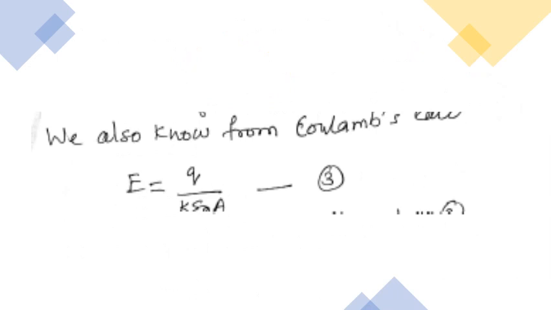We also know from Coulomb's law that E is equal to Q over K epsilon 0 A, because the field becomes 1 upon K. One relation is from Coulomb's law with K epsilon 0 and the second one from Gauss. We can equate these and get the results.